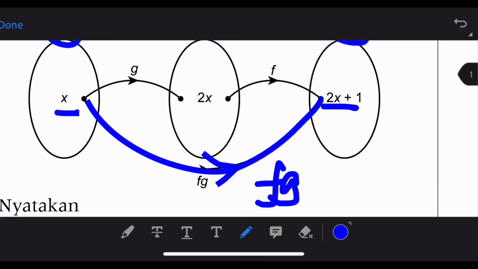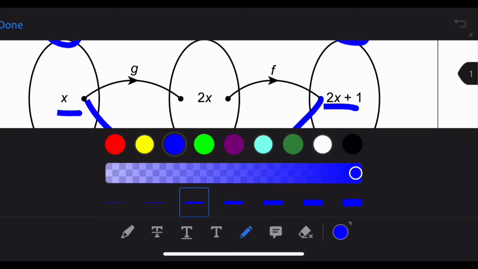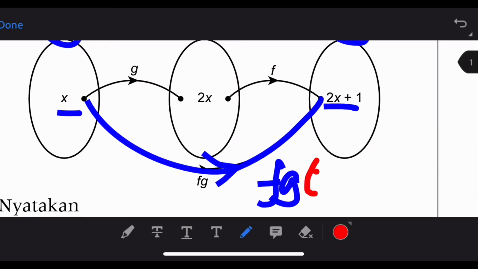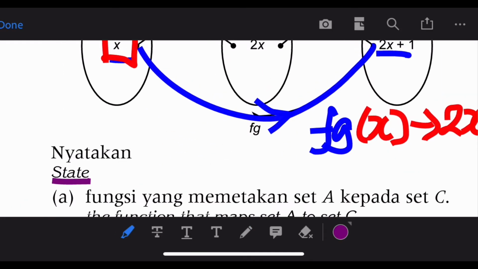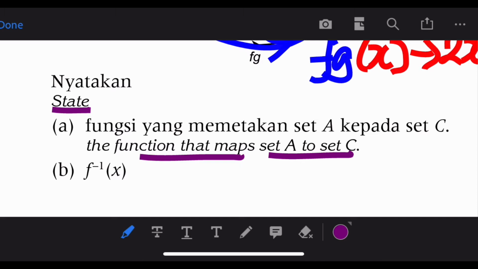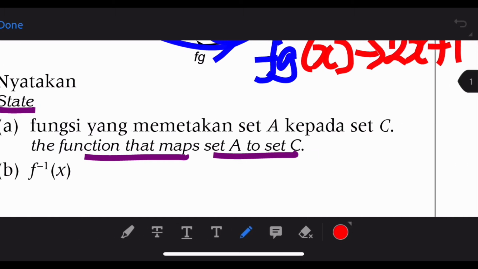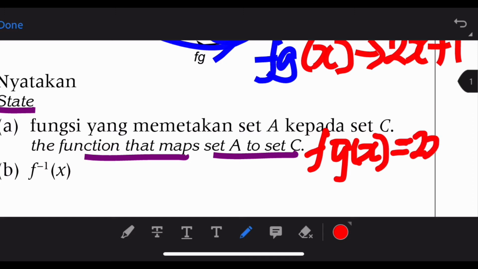So the function is so-called composite function. So we will write like this. The function is FG. The object is, of course, the X here. This is the object. And it will bring the object to the image 2x plus 1. Alright, so that is actually the answer. Just state the answer. So your answer is FGX is equal to 2x plus 1, right?